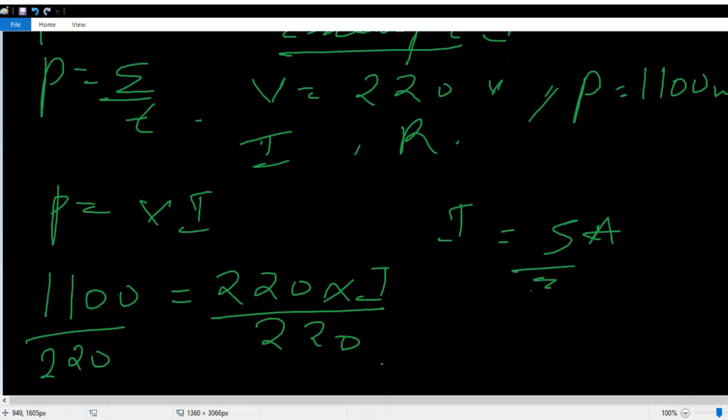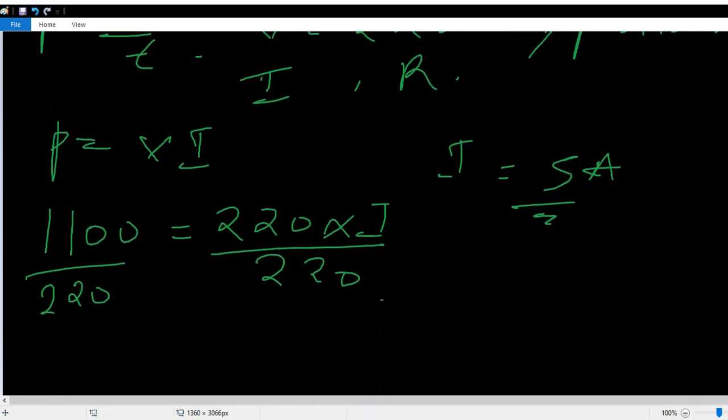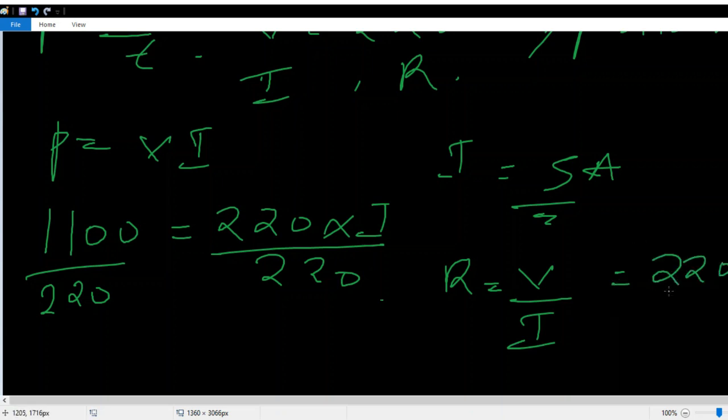So that's my current, and since I know my current, I can calculate the resistance. Resistance is equal to voltage divided by current. Voltage is 220 and current is 5, so resistance will be equal to 220 divided by 5. That's 44 ohms.